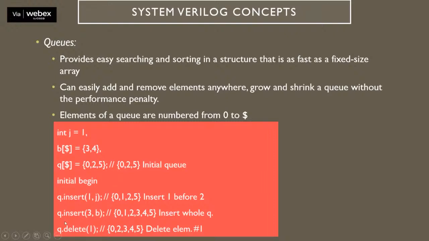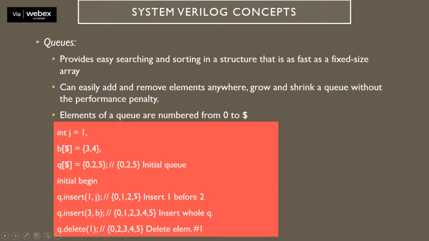Similarly, if I take the next example, now the queue has been updated to these values, that is 0, 1, 2, 5. So here it says for the third location, insert the values of QB. So the third location will be 0, 1, 2, 3.